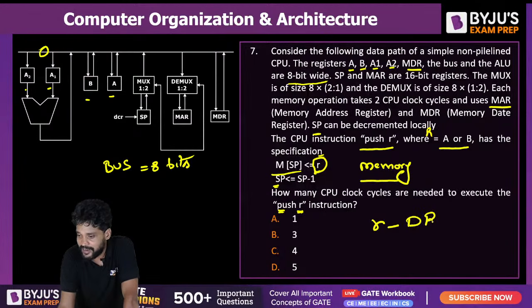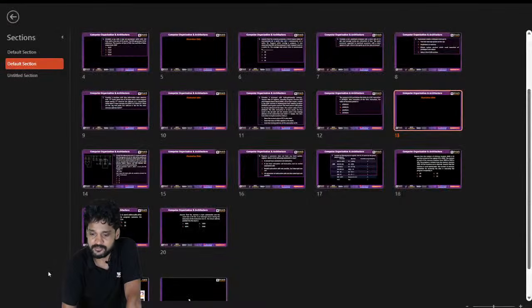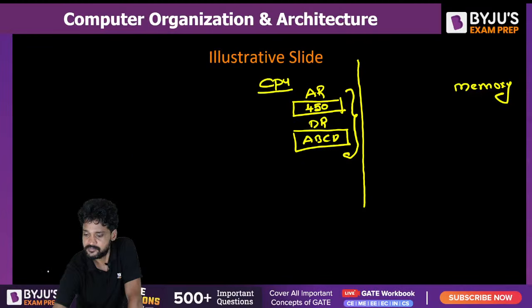Initially, the value that needs to be sent to the main memory, which is R, needs to be transferred to the data register. In the data register, I am going to load R, where R needs to be transferred to the memory location.